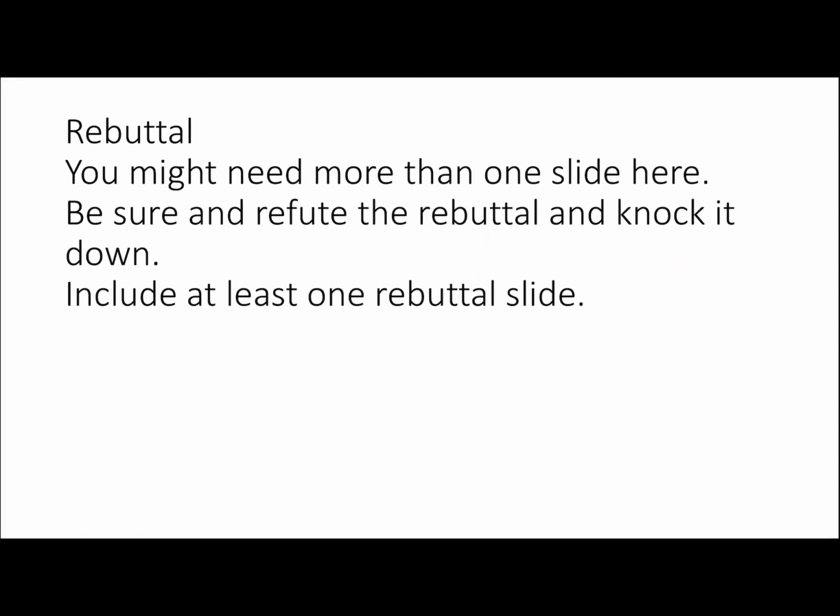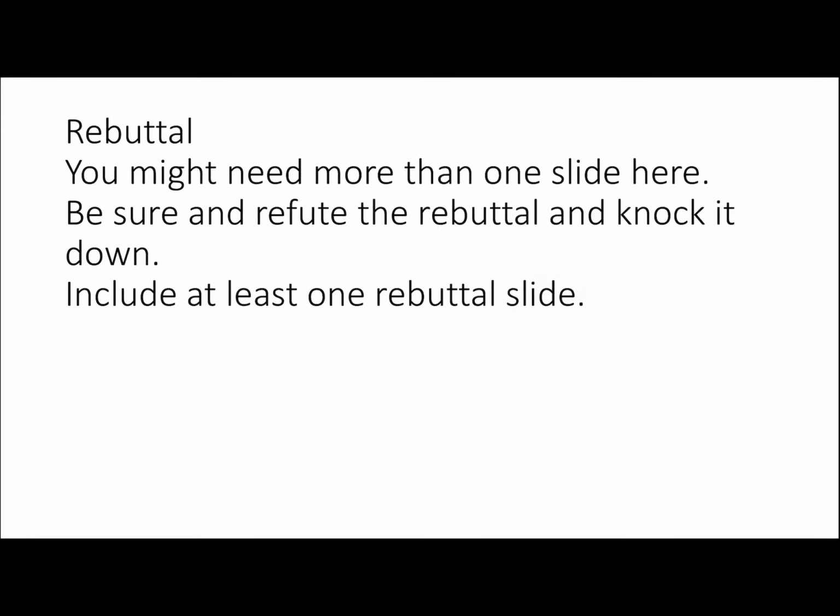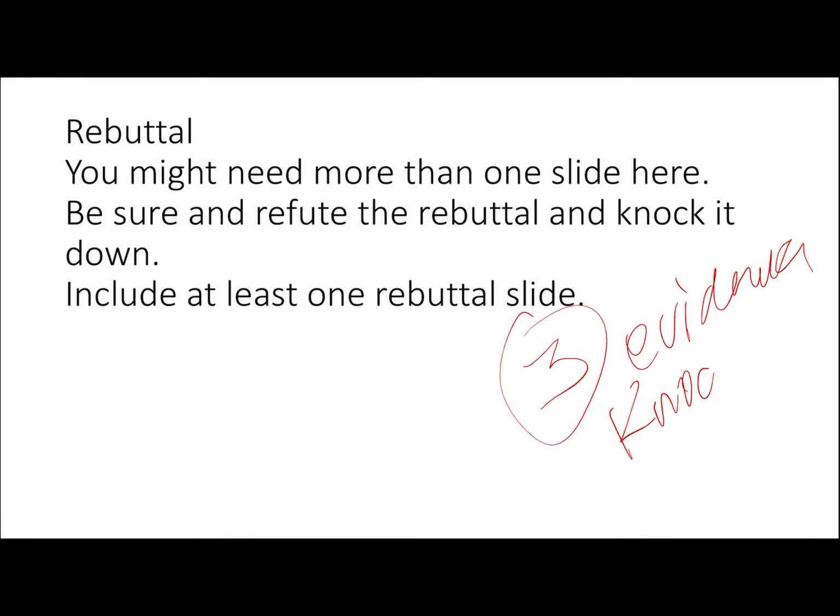Then if you want to do a rebuttal, which is a really good way to add length to your paper, you want to include at least one evidence, but again, you probably need 3. And then you need to knock it down. So you need to argue against each of your enemy's reasons.